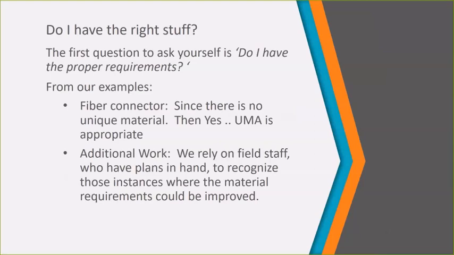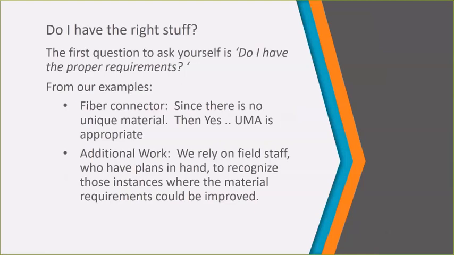Your next question oftentimes is, do I have the proper requirements? So if on your particular contract you ended up with an item code for a fiber connector, you know and I know that we don't have a unique material called fiber connector. So in this case, yes, UMA, universal material, is the appropriate material to be assigned to that particular line item.